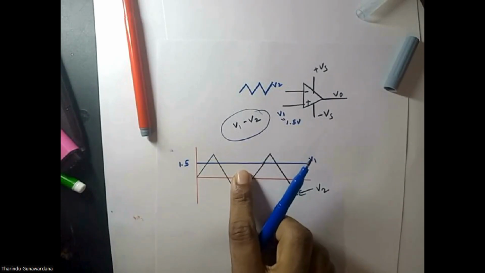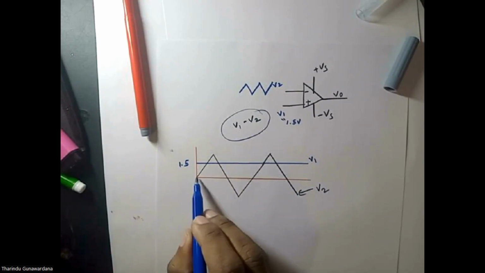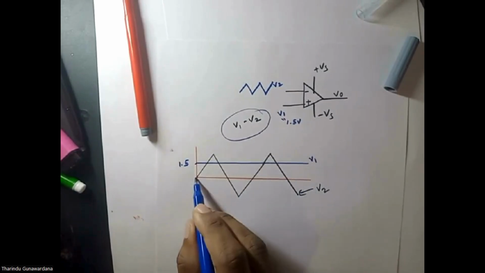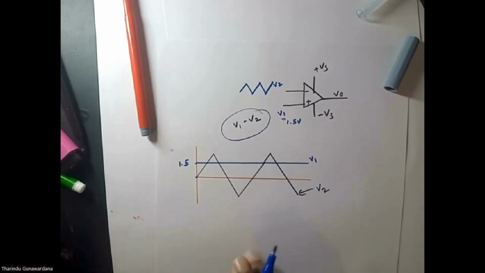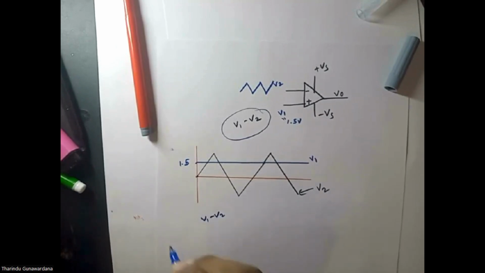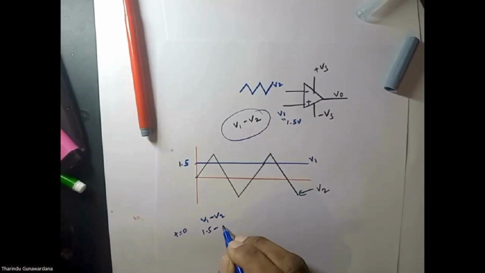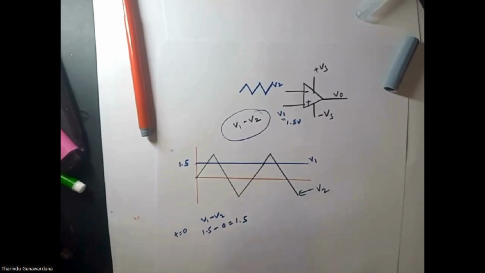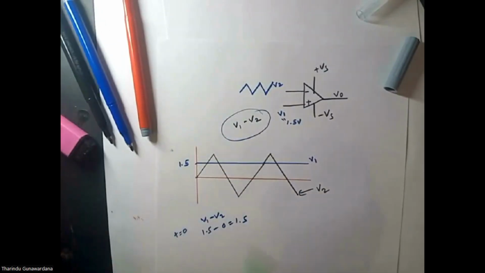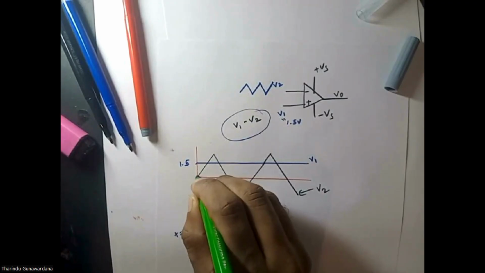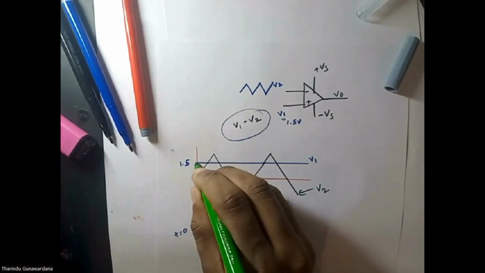In this graph, when time equals 0, V1 equals 1.5, V2 equals 0. This equals 1.5. Therefore, the V1 minus V2 graph starts from 1.5.